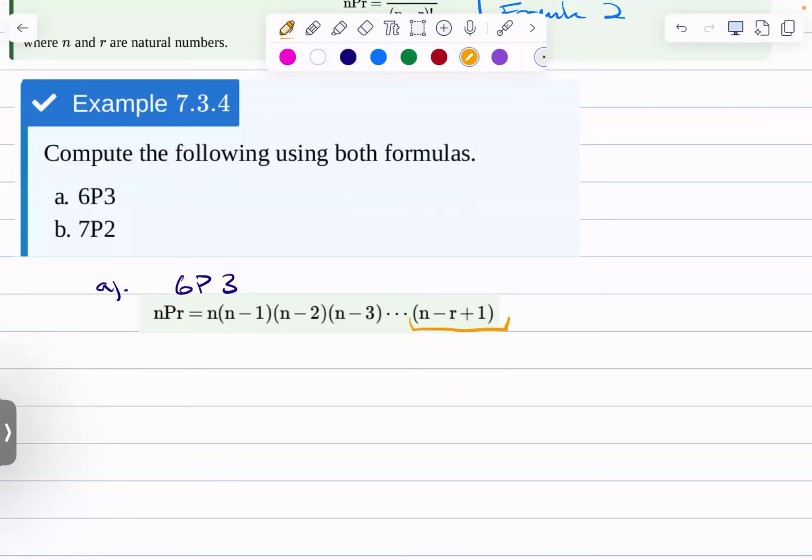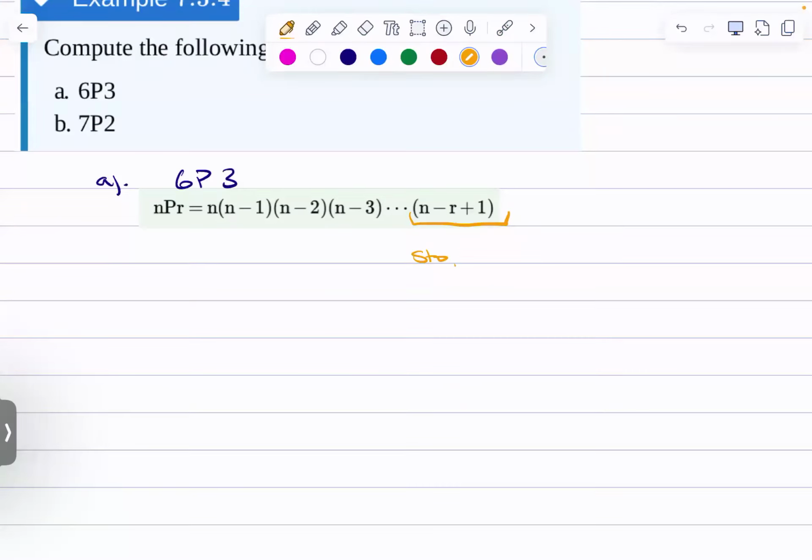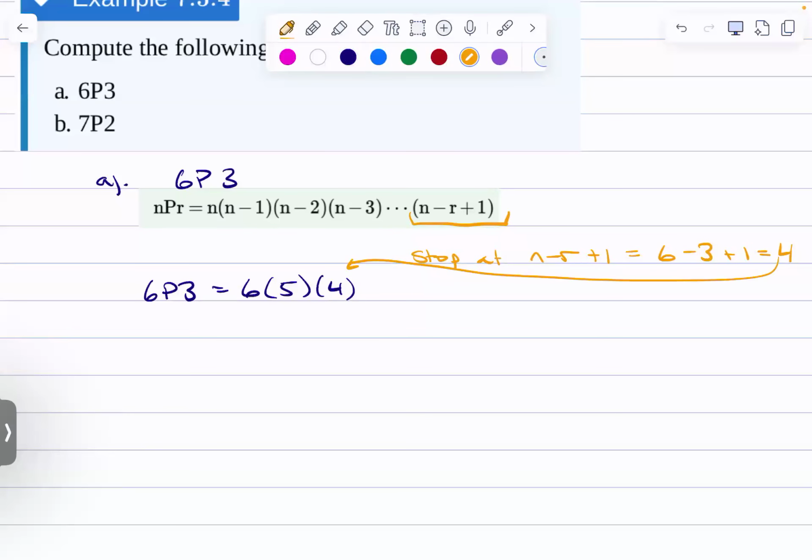So here, stop at n minus r plus 1, which is 6 minus 3 plus 1, which is 4. So then I have 6P3 is 6 times 5 times 4. Six times 5 times 4 is 120.